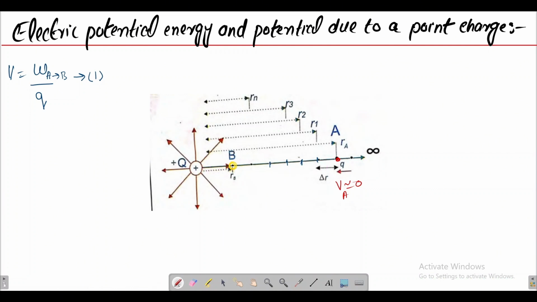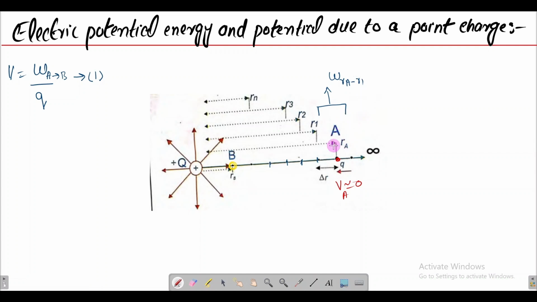So here, the work done will be divided into these steps. For the first step, we can write the work done from RA to R1.